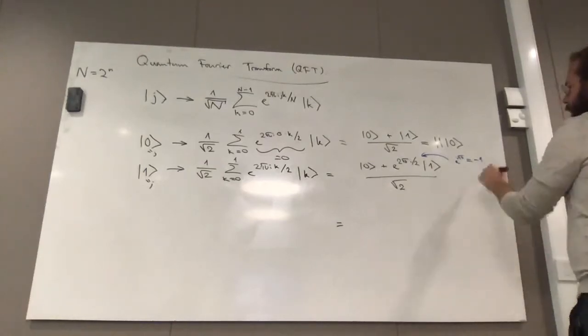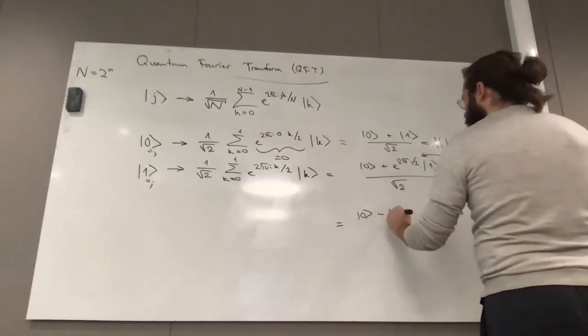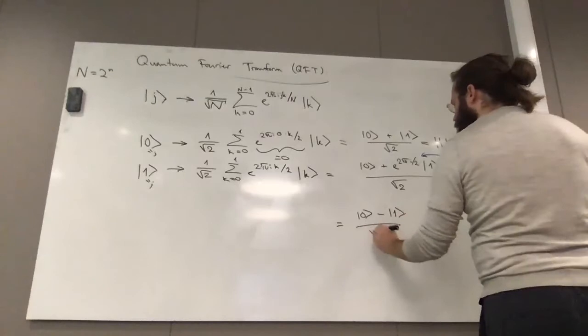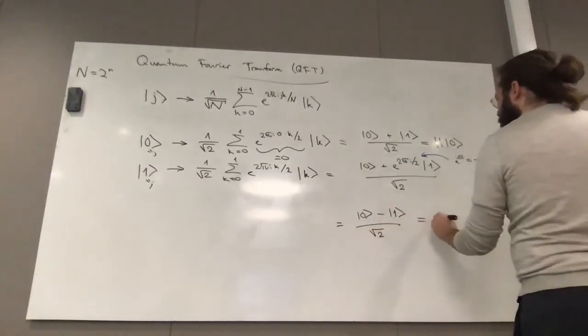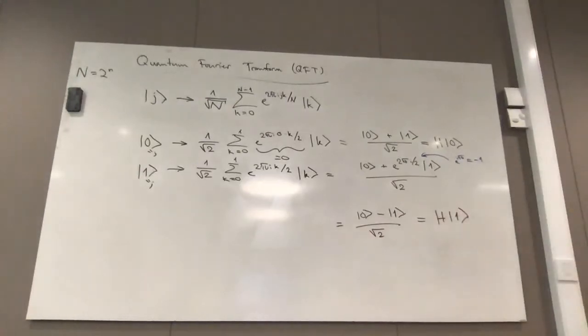So e to the I pi is equal to minus 1. So you end up with 0 minus 1 over square root of 2, which is once again the Hadamard transform of the 1 state. So what I'm saying is that the Hadamard transform is actually just the 1 qubit Fourier transform. It's the same thing. Okay, so far so good.